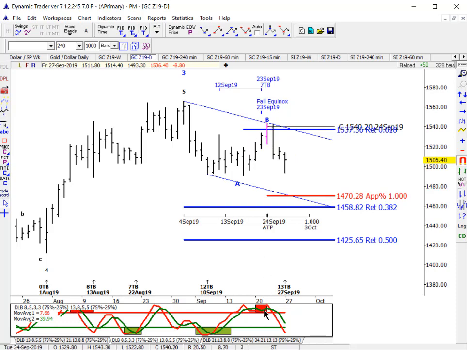Our daily momentums were due a look back overbought. We'd reached the 62% retracement, and bang, Wednesday, big reversal down, dual look back DT oscillator daily momentum bear reversal. And so we should continue sideways to down immediately for another couple of days.